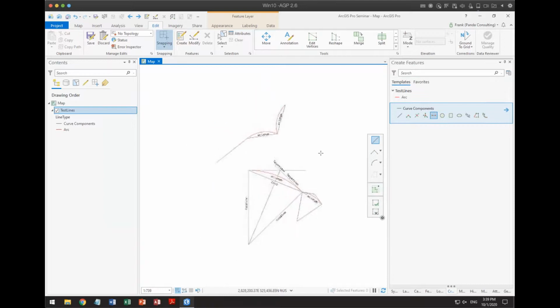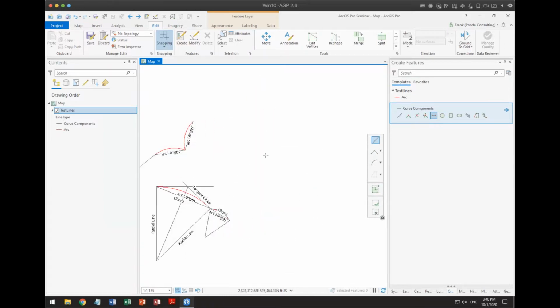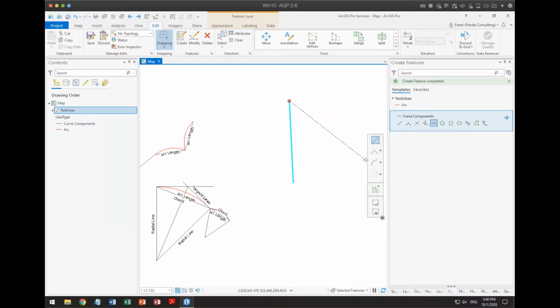All right. One more thing, and then we'll start talking about inputting these in a traverse. So let's input a simple component. Let's say we have a street center line in here, and we want to build a cul-de-sac.